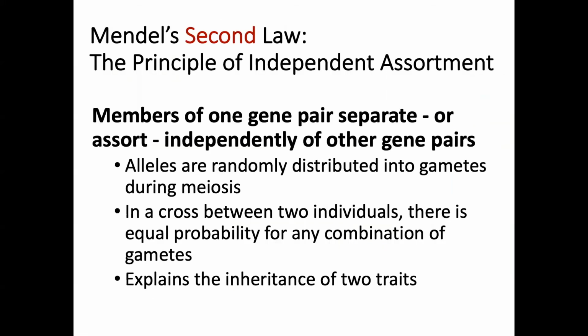Mendel's second law is the principle of independent assortment. Members of one gene pair, meaning the alleles, separate or assort independently of other gene pairs. So the context of Mendel's second law is that you need to have at least two traits, and these traits won't affect each other. So when would this happen in meiosis?